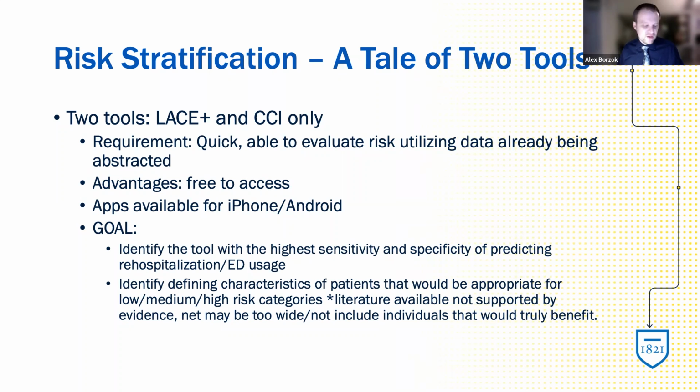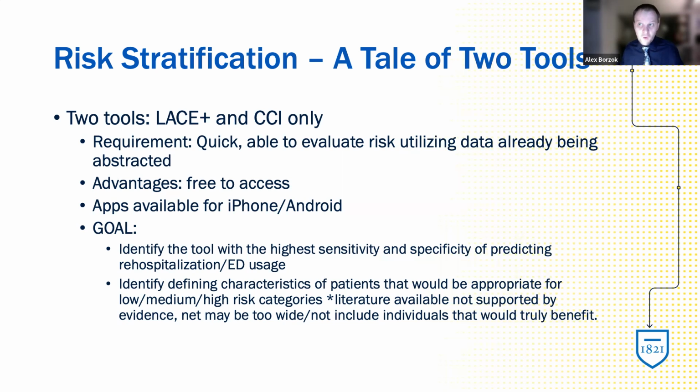So the literature doesn't go this far. The literature goes far enough to say risk stratification tools work. These are some of the ones that are out there that are beneficial, and this is how they function. But the literature has not actually described what exactly these risk categories look like, and what possible comorbidities may be included in these for goal setting.